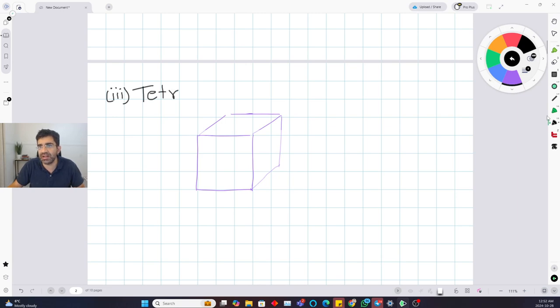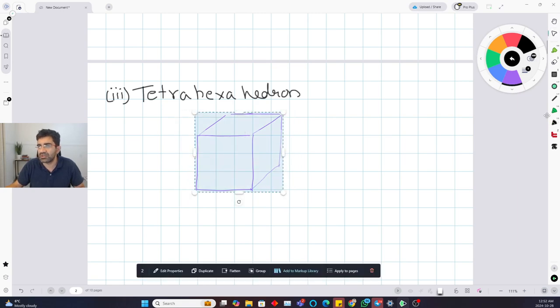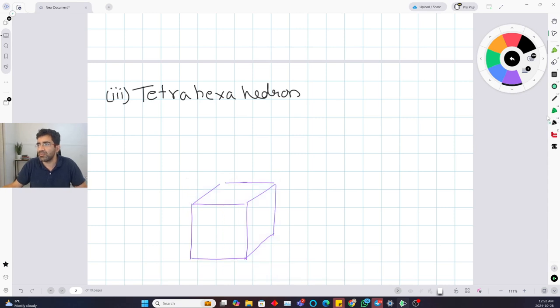Hexa we have already drawn. So let me move this down. Tetra means 4, hexa means 6. So it has in total 24 faces.